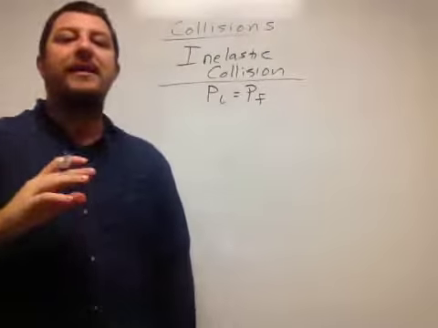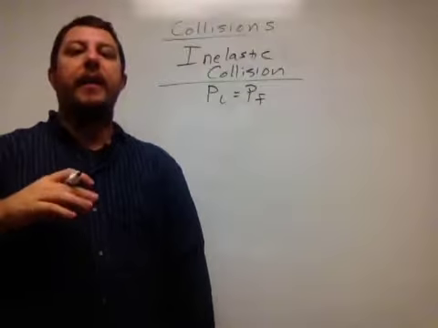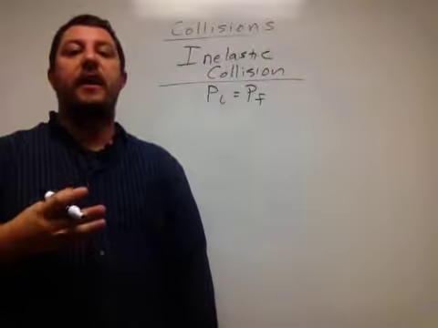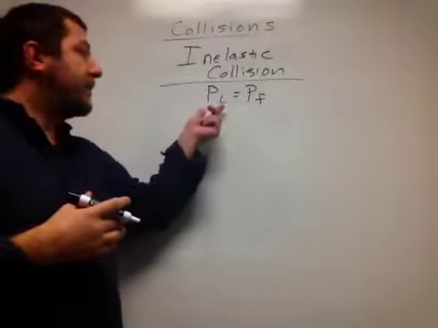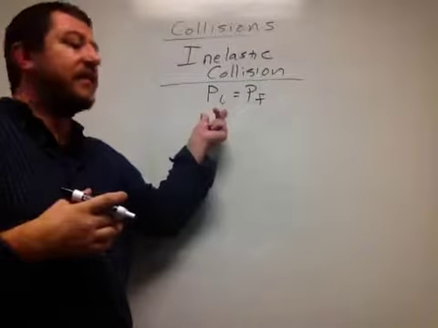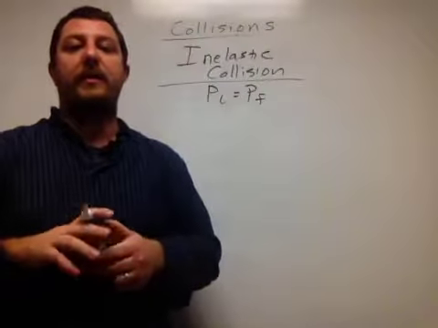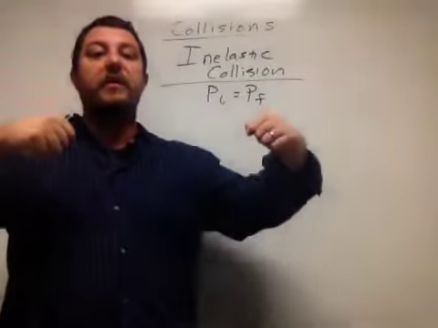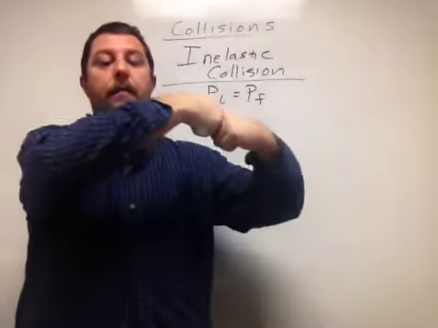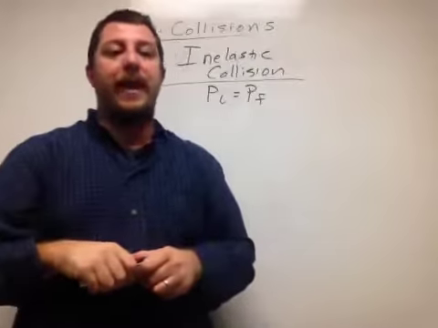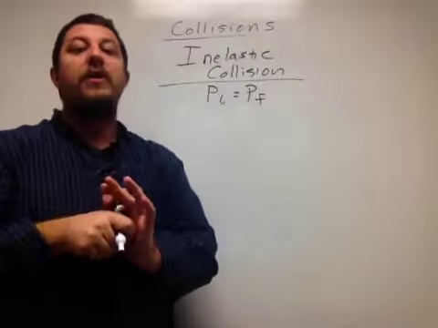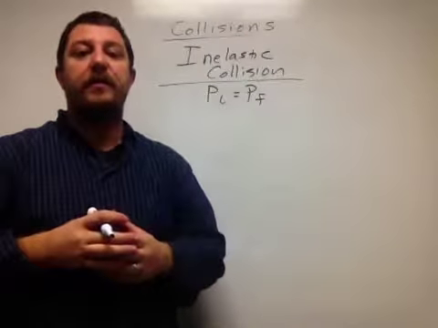This equation is simply a modified form of the conservation of momentum. What it says is that the initial momentum in my system must equal the final momentum in my system. In other words, the momentum in my system before the collision must equal the momentum in my system after the collision.